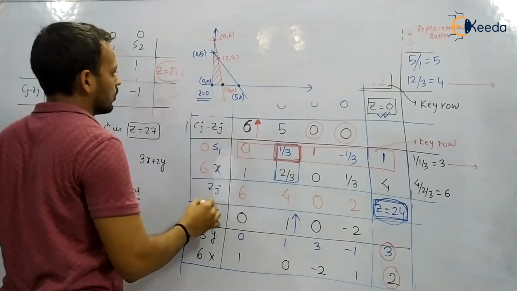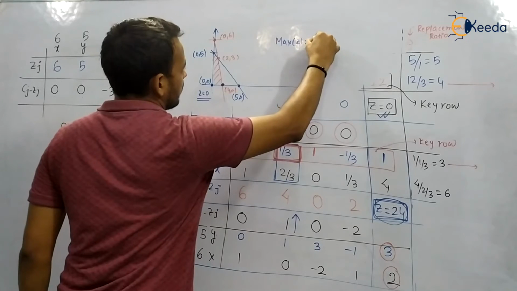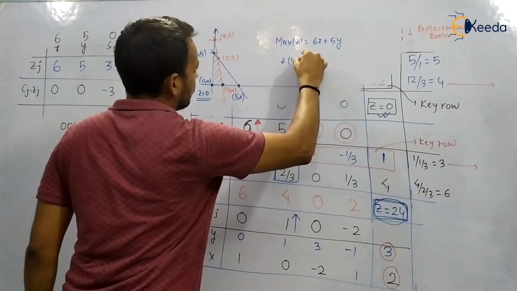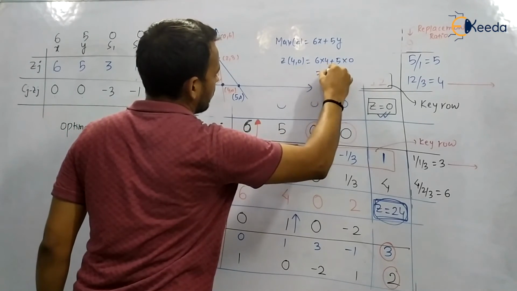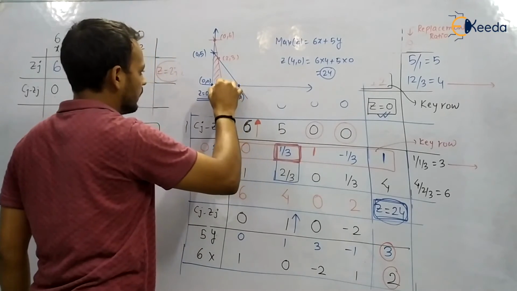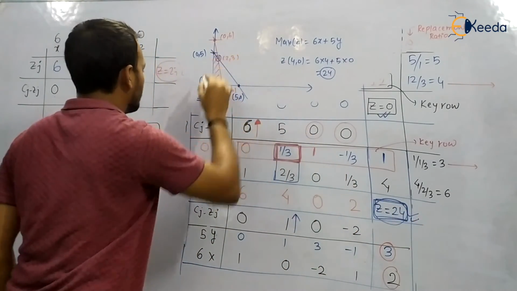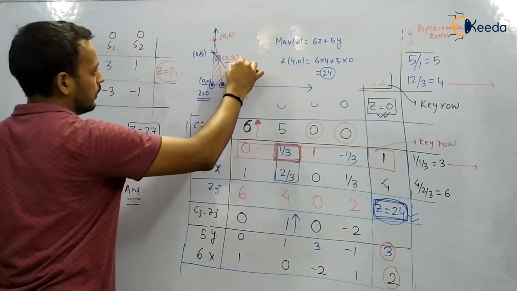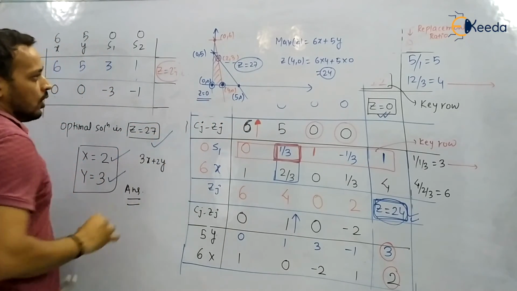Maximum z equals to 6x plus 5y, so for 4, 0 we get 6 into 4 plus 5 into 0, so the answer was 24. At 2 comma 3, x is 2 and y is 3, and we have got z equals to 27, and this z equals to 27 is the optimal solution.